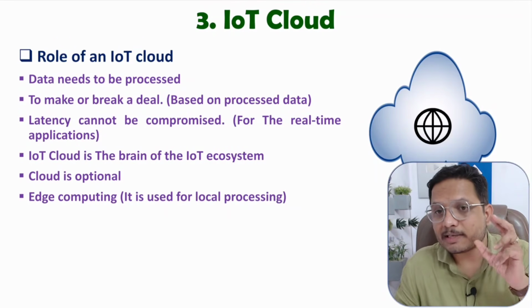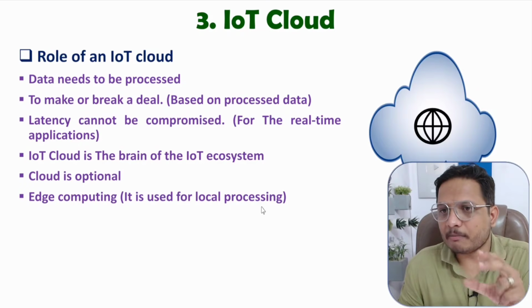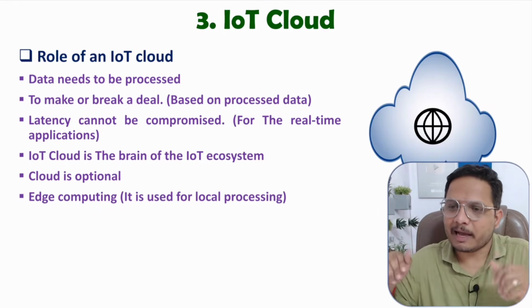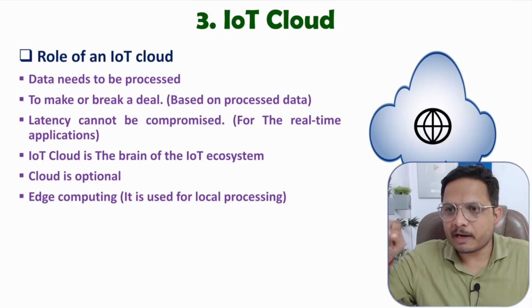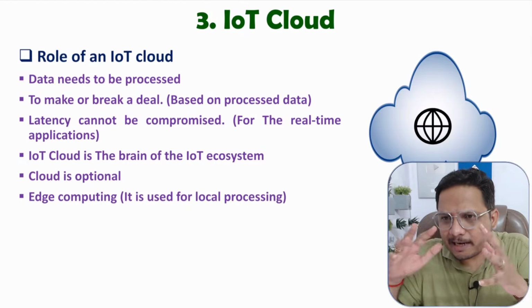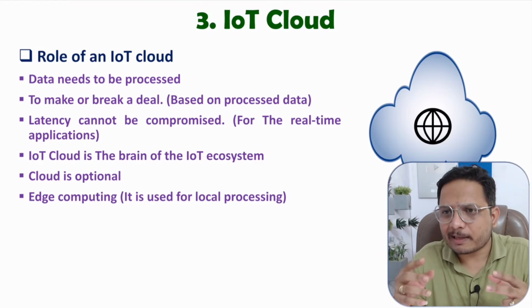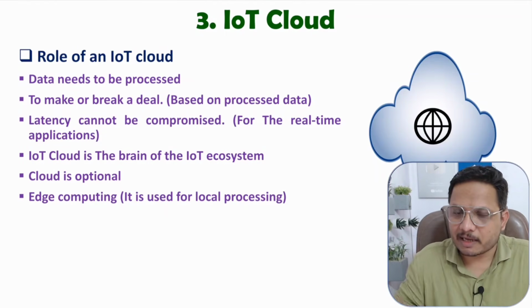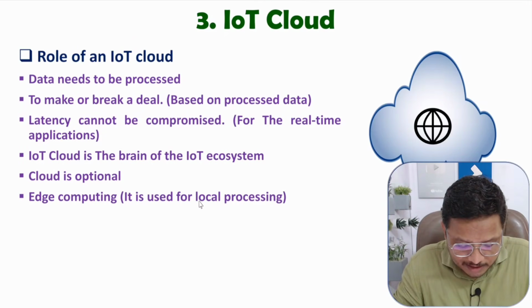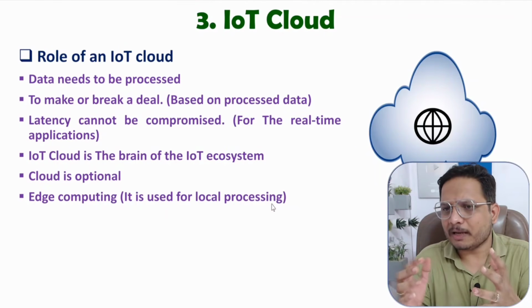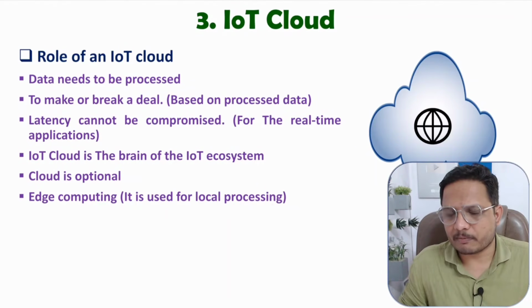As I have told you, this IoT cloud is optional, but if you talk about a large ecosystem, then at a larger level, it is a bit difficult to give real-time output. So for some selected region, we can provide an IoT cloud where the selected region is having some selective decision. And that is the meaning of local processing, right? So that is how the IoT cloud functions in the IoT ecosystem.